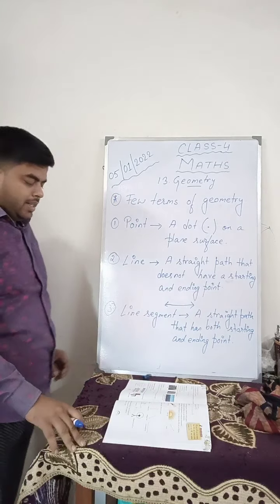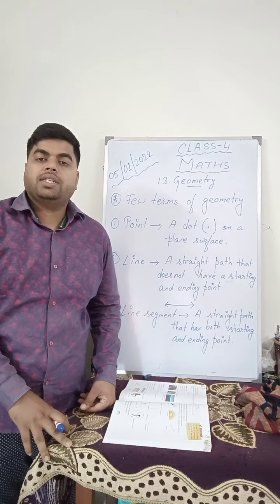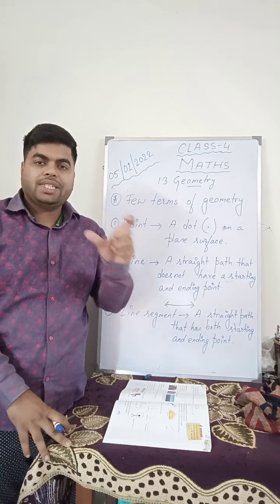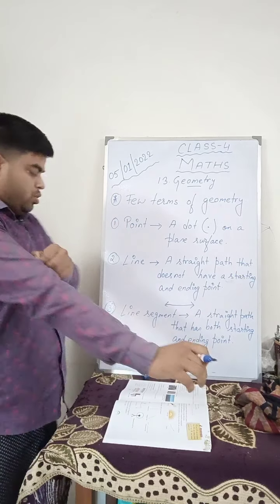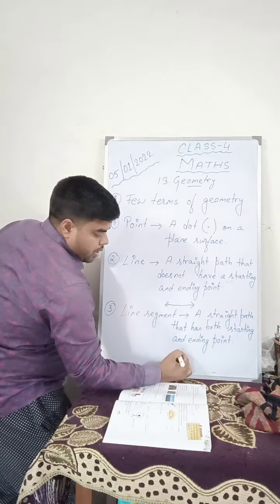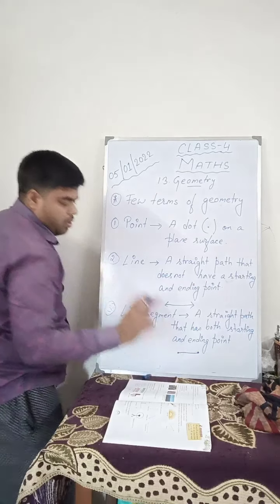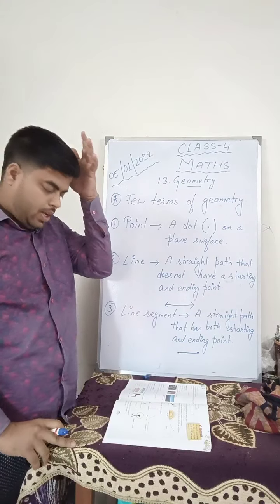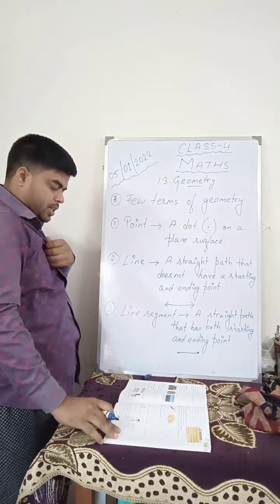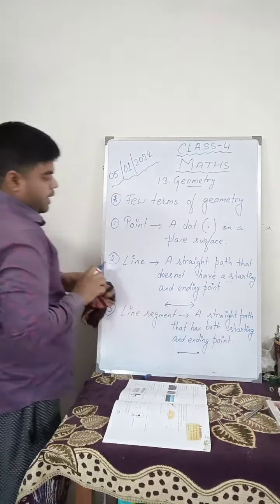So a line segment is a straight path which has fixed points, that means a fixed length of measurement. So the symbol for this is, after drawing a line, you put two dots on both ends of the line. Next is a ray.